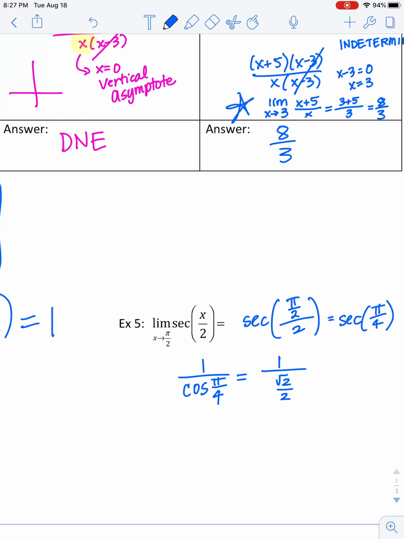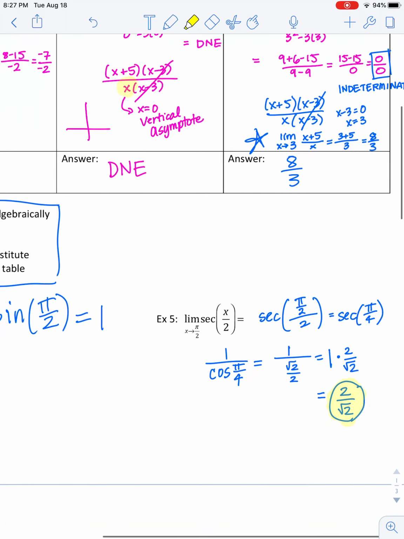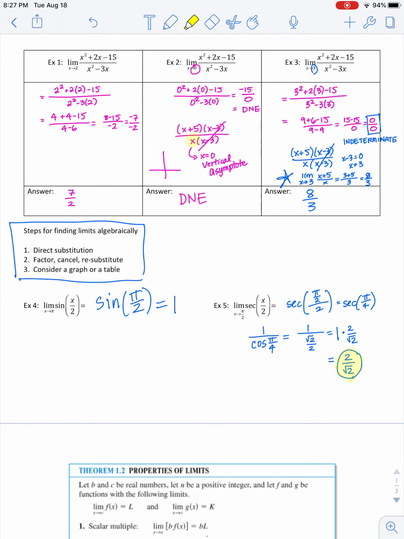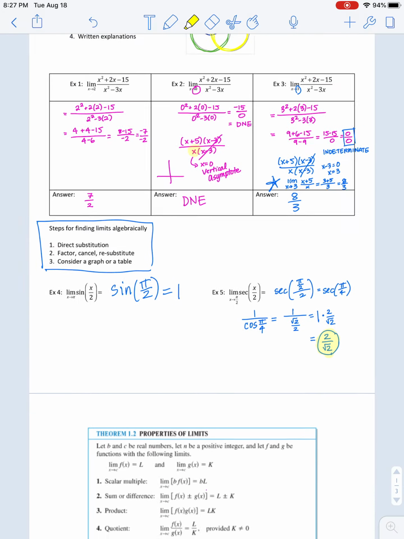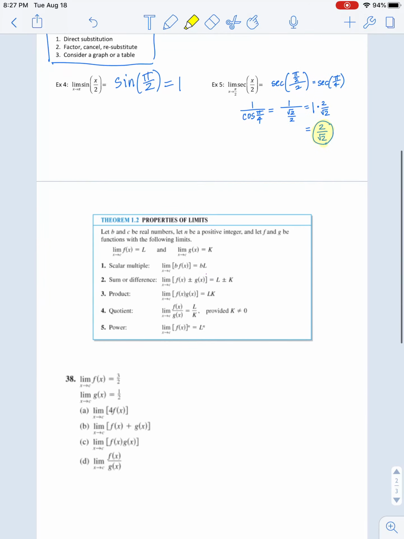What we are going to have to do is multiply instead by the reciprocal of that denominator, and the way that this answer would look is 2 over root 2. There is no rationalizing in calculus, so we don't make use of rationalizing. So 2 over root 2 is how your answer would look. You don't ever have to simplify or rationalize that, okay?